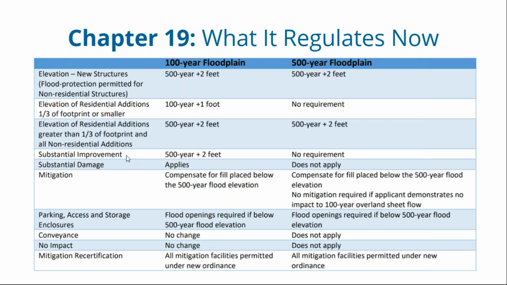You have a $400,000 house in Westbury, $300,000 is the land, $100,000 is the improvement, and you go to do a $50,000 improvement, you must raise the entire structure, the old part, as well, before you can remodel your kitchen and put in a new driveway and a garage, which might be $51,000. You can't get a permit to do that until you raise that structure out of harm's way.